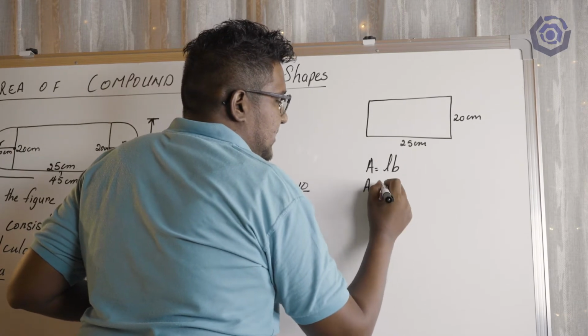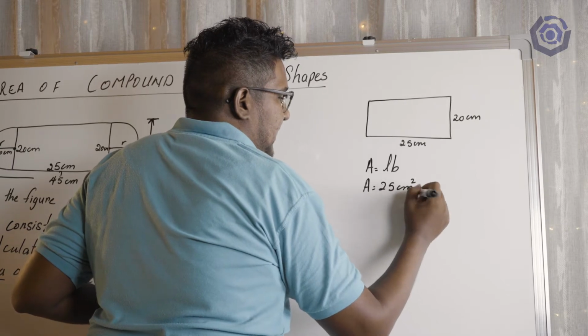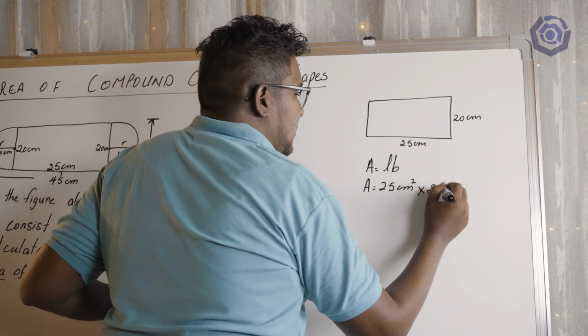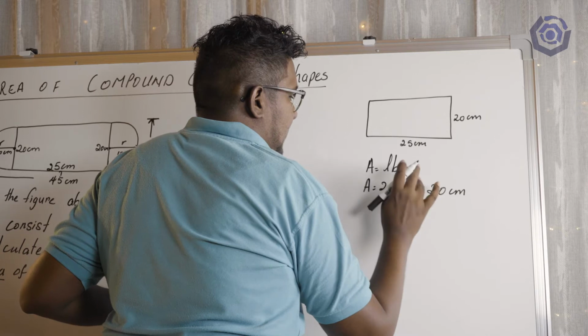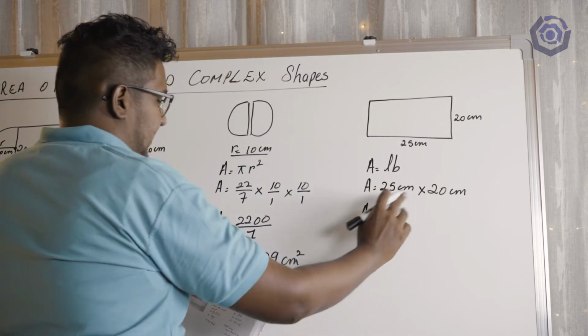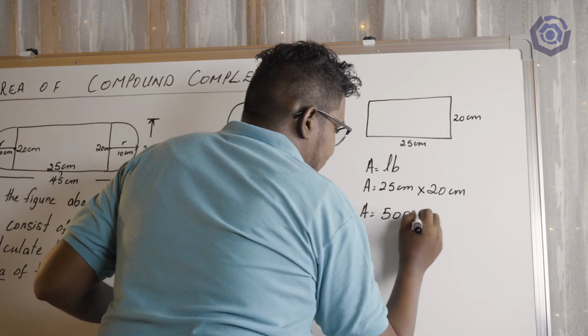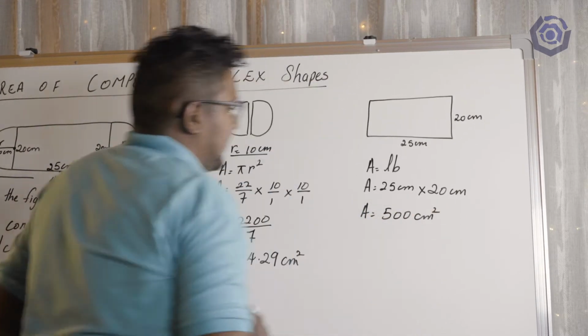A is equal to the length, which is 25 cm, multiplied by the breadth, which is 20 cm. So A is equal to 25 multiplied by 20, and that's going to give me 500 cm squared.